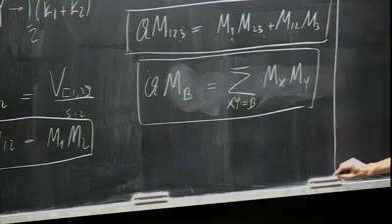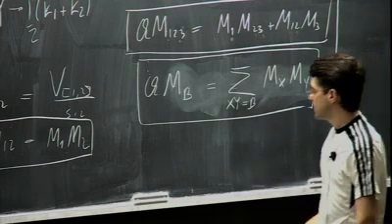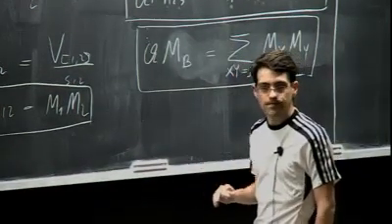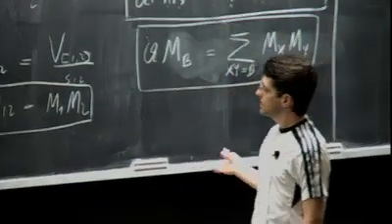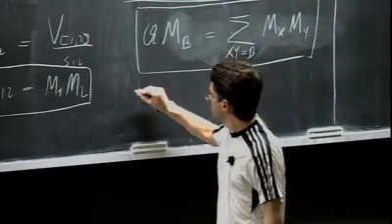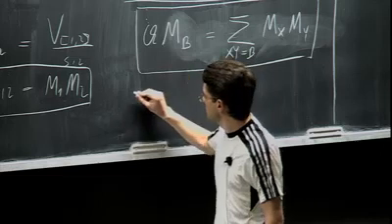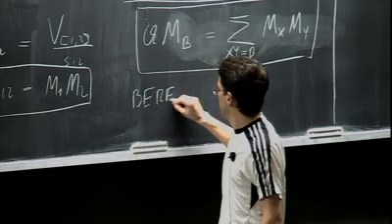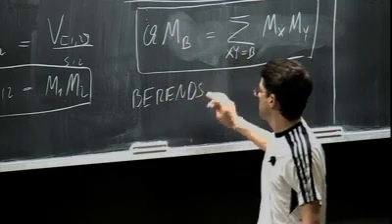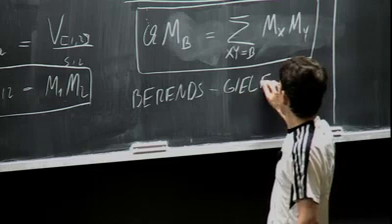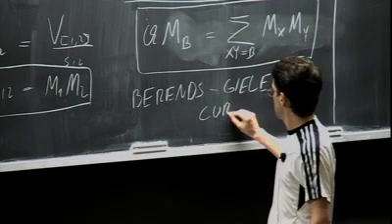Okay, so now we have these objects, and for reasons that would take too much time to explain, they are called Berends-Giele currents.